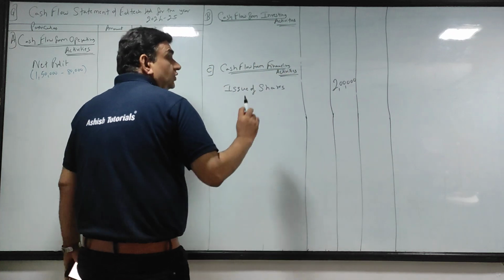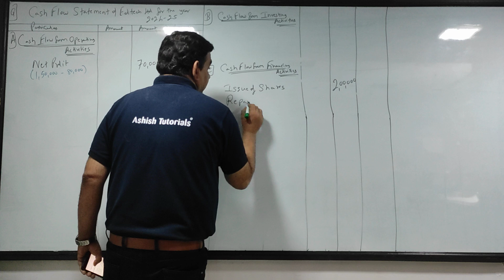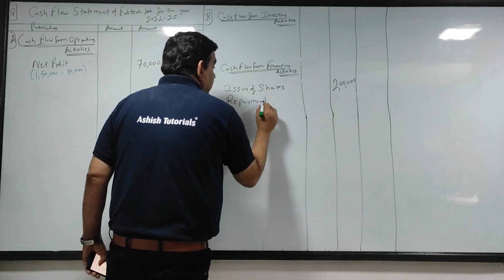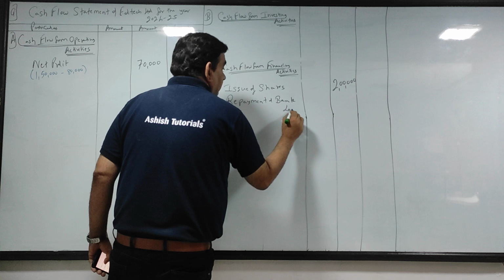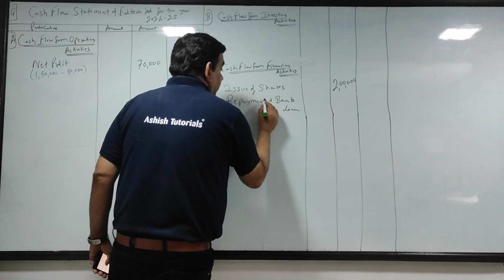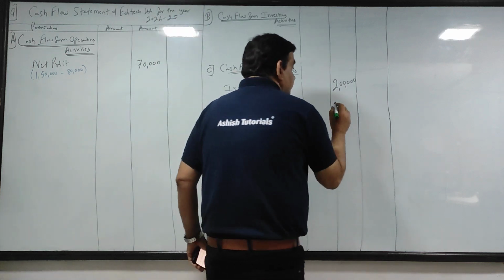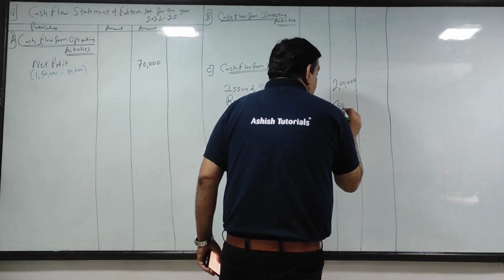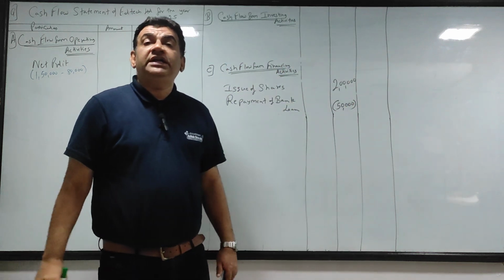Money has reduced because you repaid, so you will write repayment of bank loan. The difference is 50,000. Because you have made the payment, you will put it in brackets.